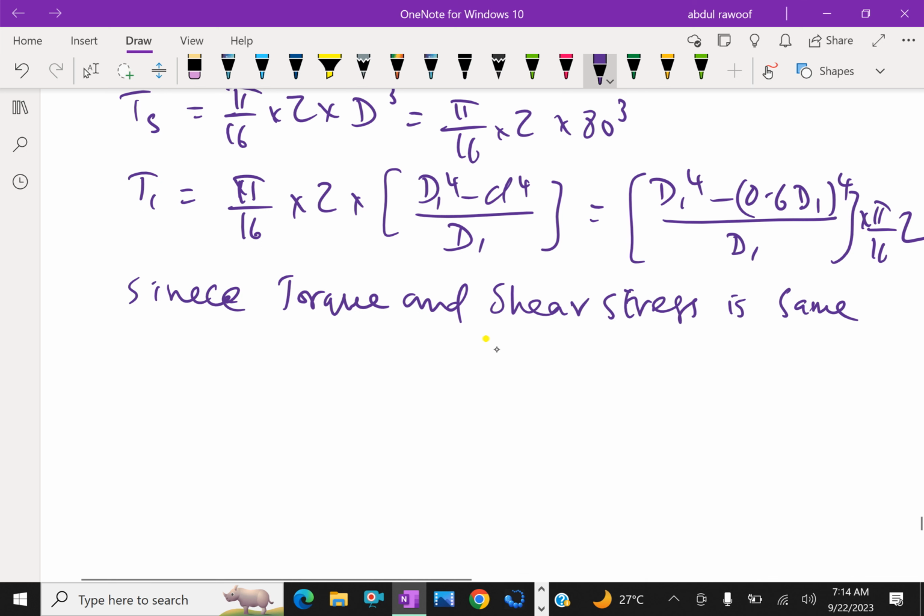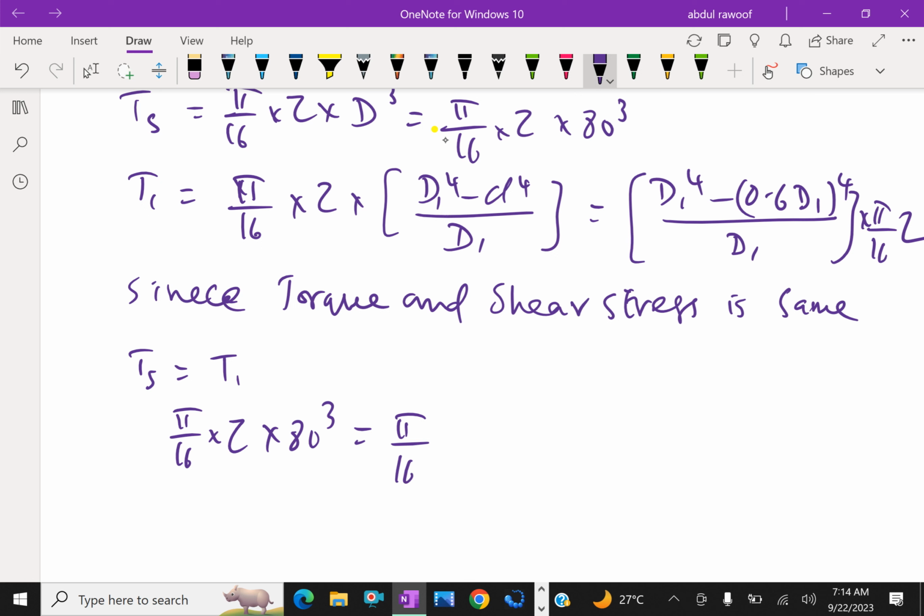That is, Ts equals TH, which gives, equating both, pi by 16 tau into 80 cube is equal to pi by 16 tau into (D1 power 4 minus 0.6 D1 power 4) over D1.